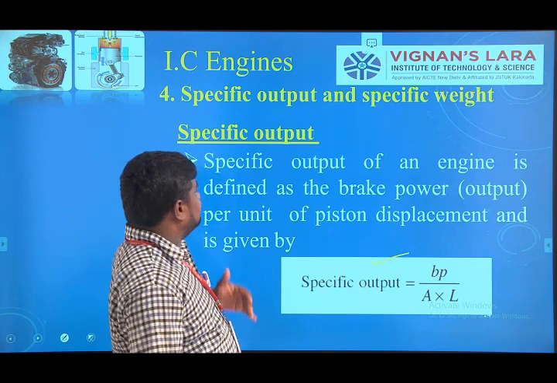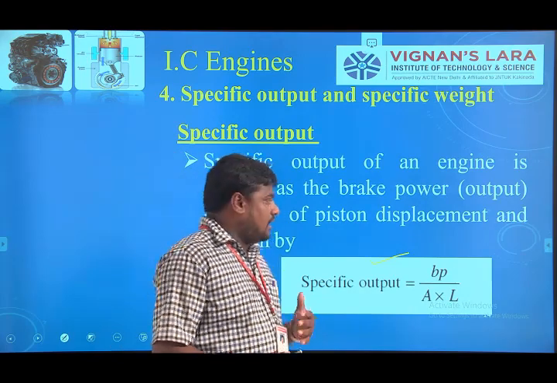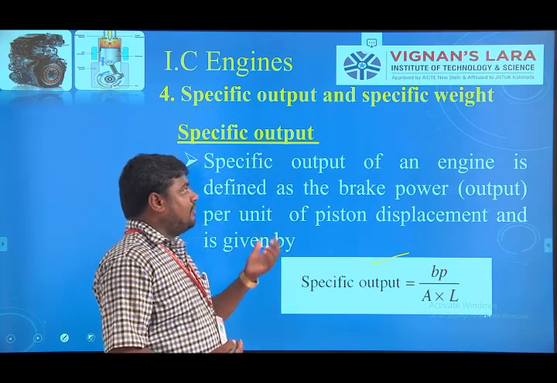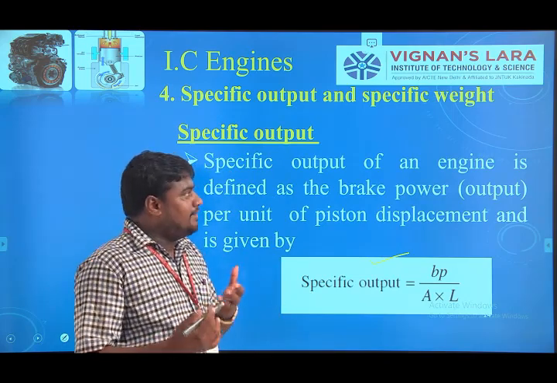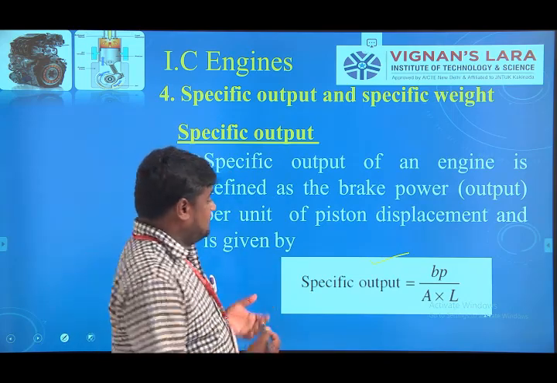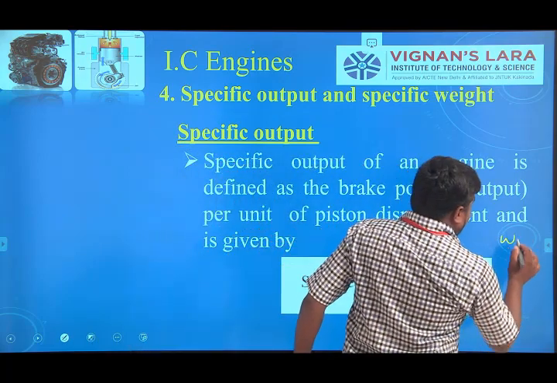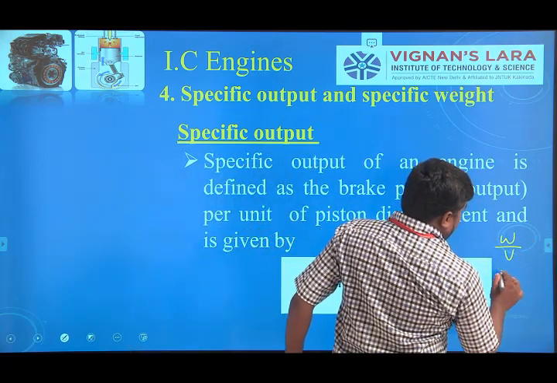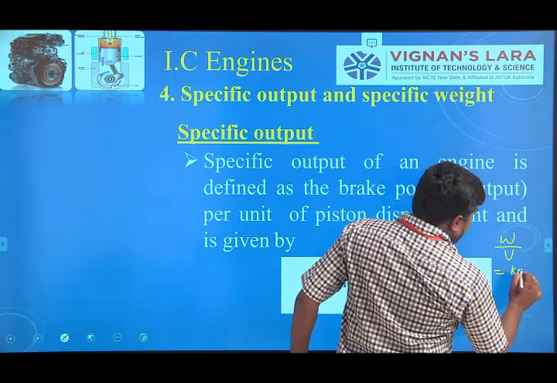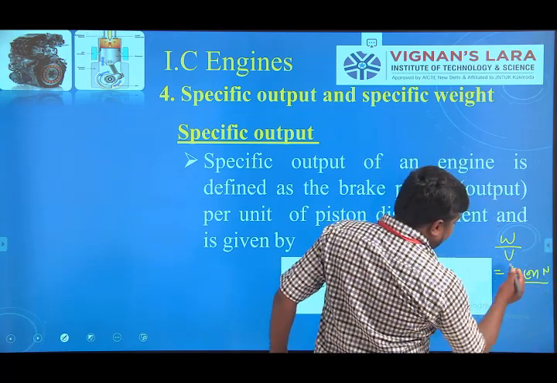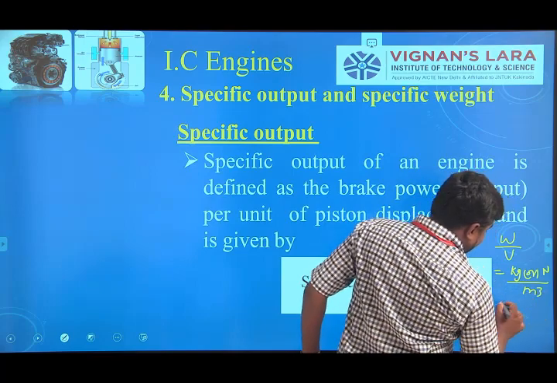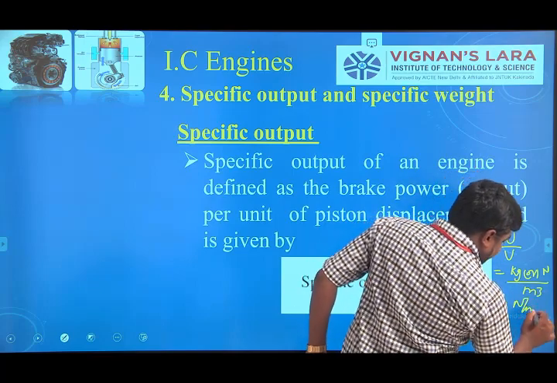What is meant by specific weight is the weight by volume. Weight in kg or newtons by volume in cubic meters, so the unit is Newton per meter cube.